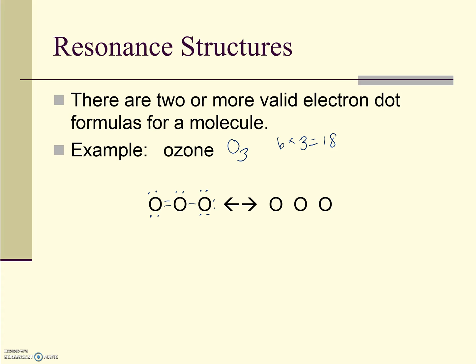The resonance structure means that it doesn't matter which one of these is the double or the single bond, so it could also look like this, which would be exactly the same thing, sort of a mirror image. And the resonance structure means that I can draw it a different way and it's still the same thing. You typically only have a resonance structure if you have a double or triple bond in there.